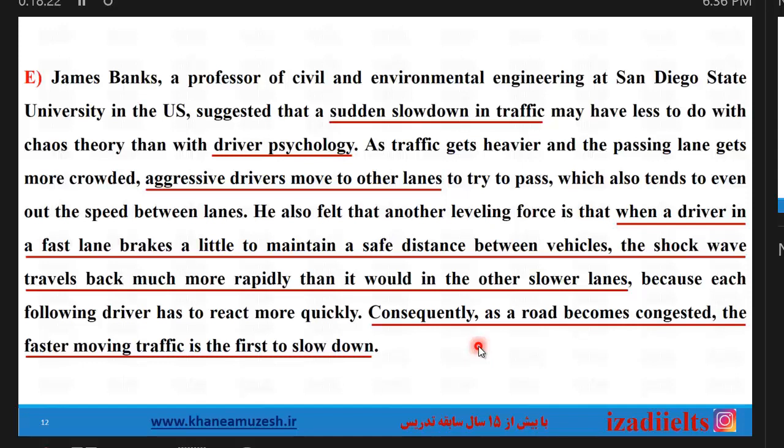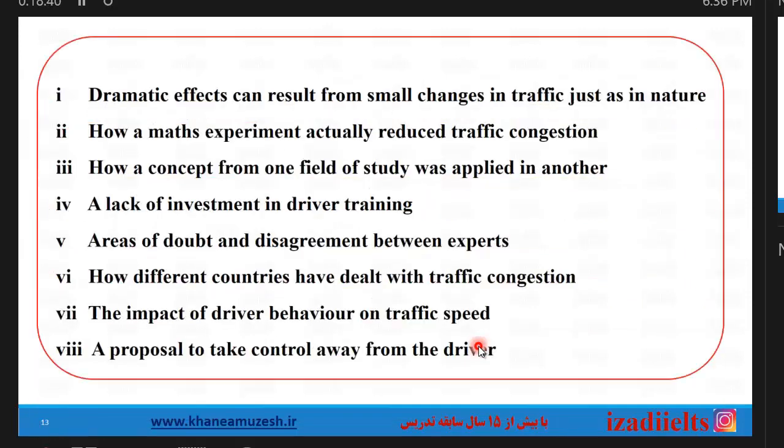Driver psychology, driver behavior. Aggressive drivers and behaviors. Exactly, bravo, yes. What else? Impact, sudden slowdown in traffic. Exactly. Sudden slowdown is actually the impact, yes? So the best answer is the impact of driver behavior on traffic speed.